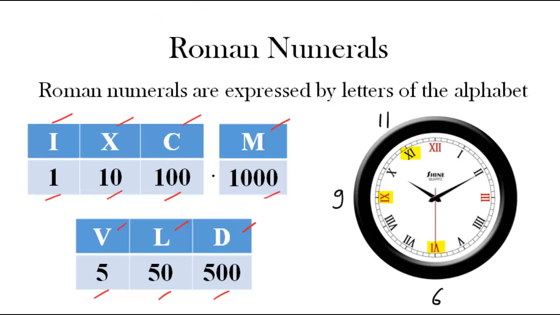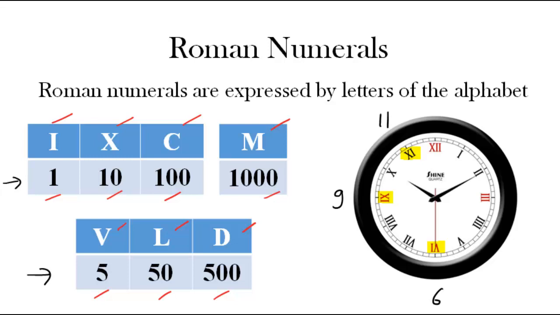Now, how to represent the numbers using these letters? Note that in the Roman number system, the basic numbers are 1, 5, 10, 50, 100, 500 and 1000. So using these 7 letters, we can represent many numbers.